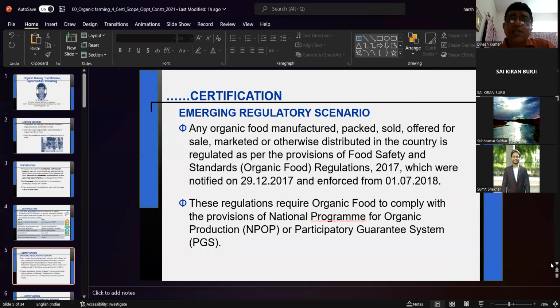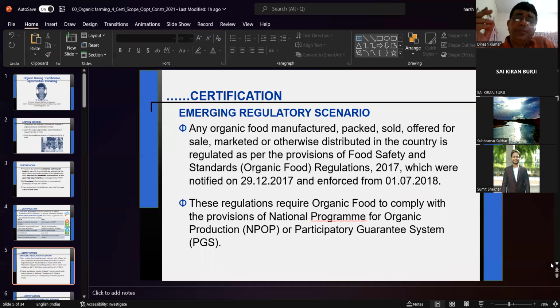And now some emerging regulatory scenarios. You know that third-party certification started in 2005 when we made our organic standard. But farmers were not taking interest in organic farming because of the high charges under third-party certification, about 35 to 40,000 rupees per hectare per annum.